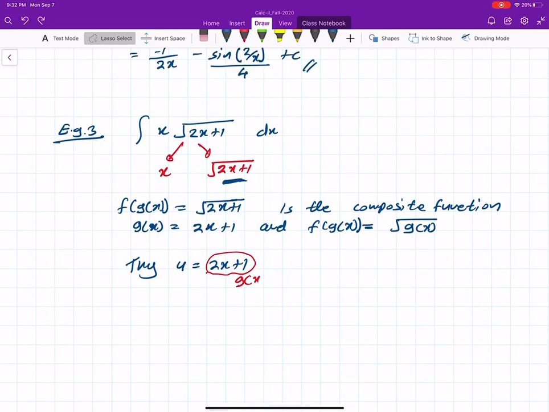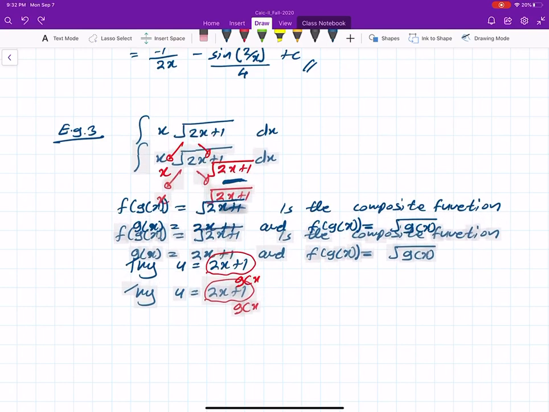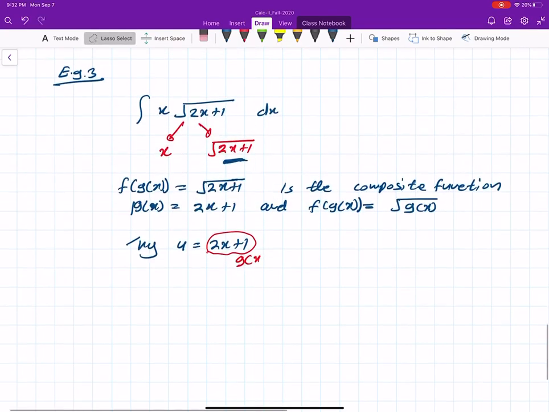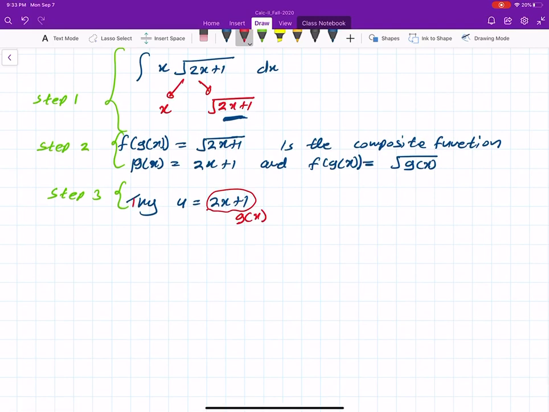What I want is to get this down. I don't need to change the color. All right, okay, good. So this is step 1, this is step 2, and this is step 3. There are 3 steps. You know the substitution. Now everything is easy.